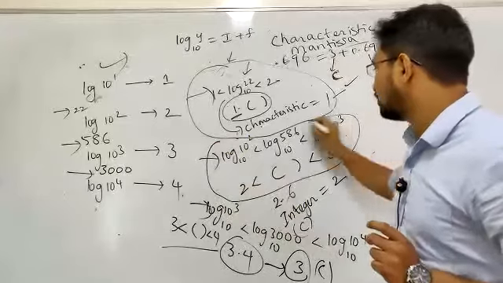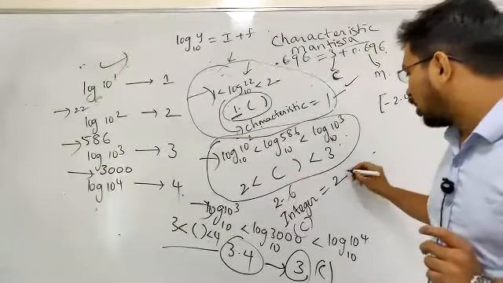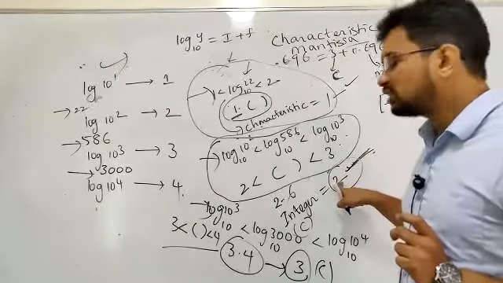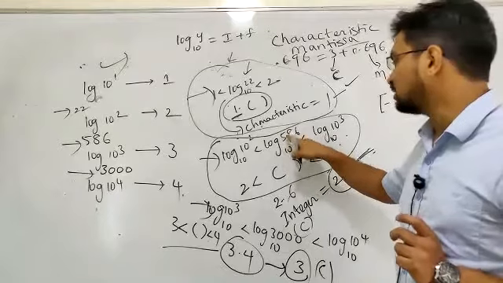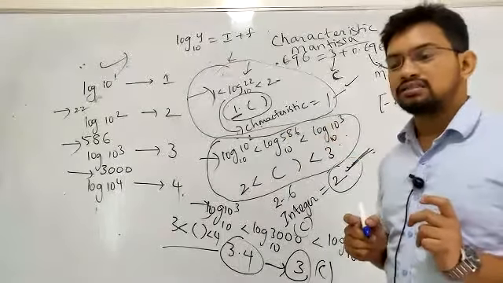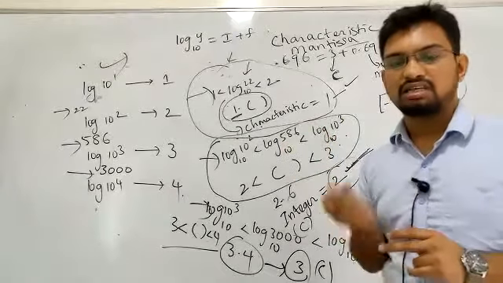Now take this example. If I take this example, the characteristic of this is 2. If the characteristic is 2, what is the number of digits? You observe. The number of digits in 586 is 3.